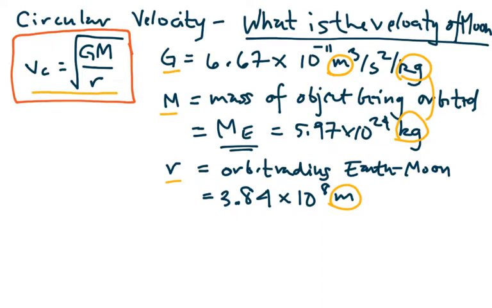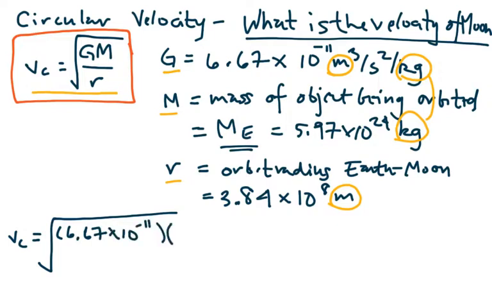Okay, so now let's go ahead and put those values into the circular orbit equation. So the circular velocity is given by the square root of the product of the gravitational constant, so that's the 6.67 times 10 to the minus 11, and we'll multiply that by the mass of the Earth, so the 5.97 times 10 to the 24.